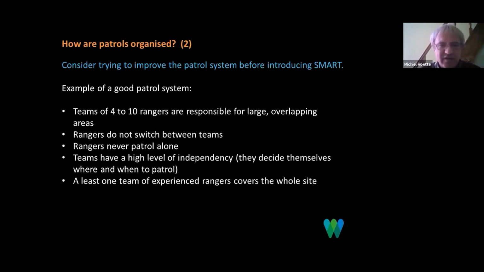It's good when the teams, the rangers, really feel part of a team, and to achieve that, it's desirable that they don't switch between teams, so that the teams have a fixed composition. I think it's also good if rangers never patrol alone.